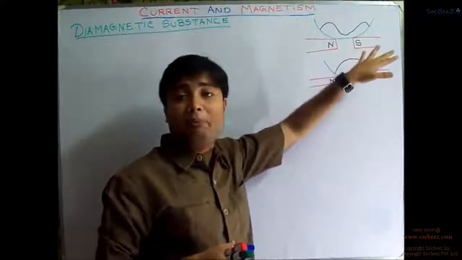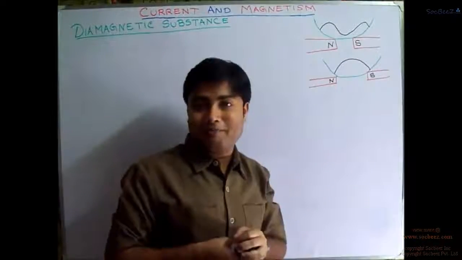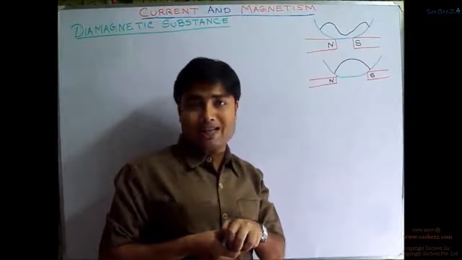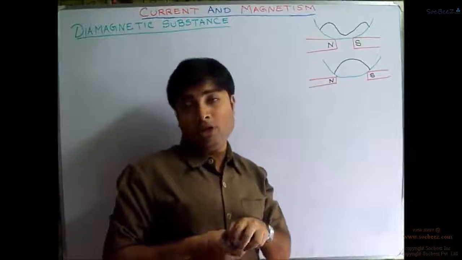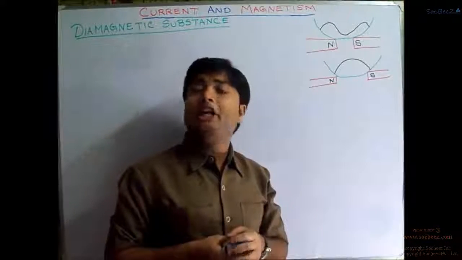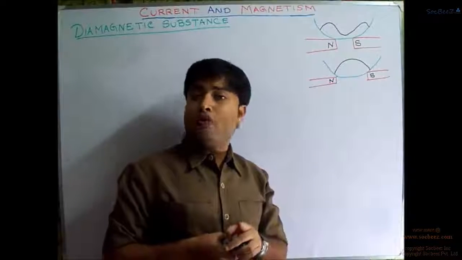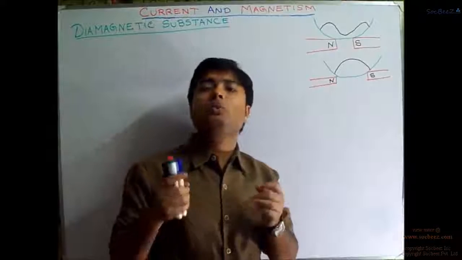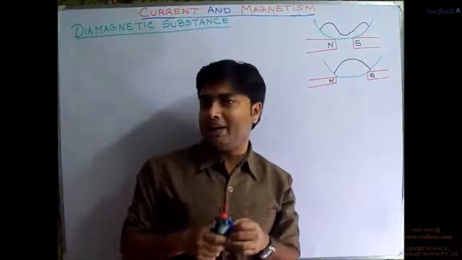Right? So from these two diagrams we can understand that when a diamagnetic substance, or better to say a diamagnetic liquid because it is changing its shape, is kept in a magnetic field, it tends to move from the stronger region to the weaker region of the magnetic field.